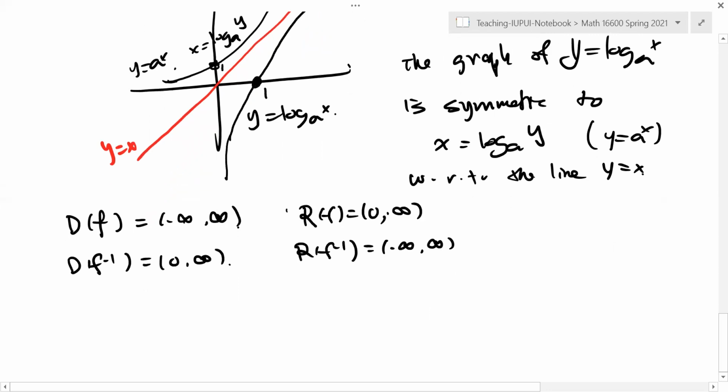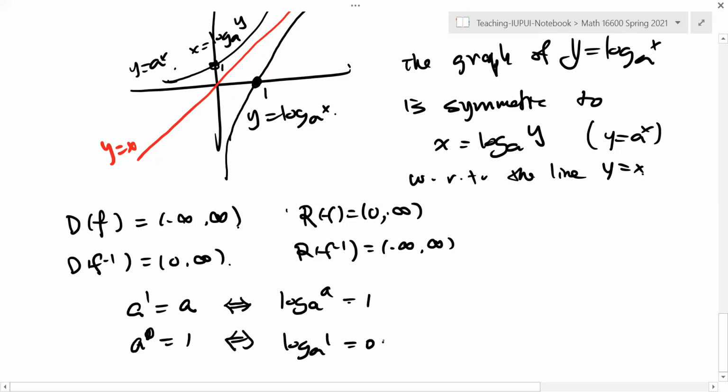In other words, a to the 1 is a, and a to the 0 is 1. So how can I express this? The same as the natural log of a is 1, and the log of 1 is going to be 0.